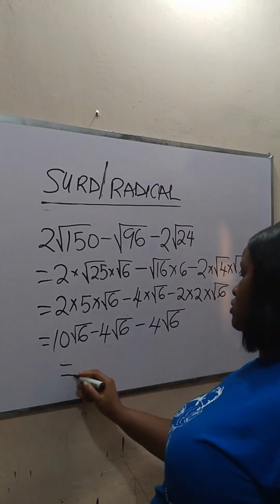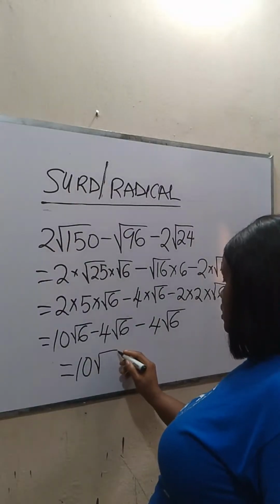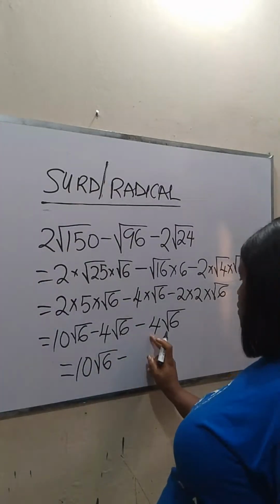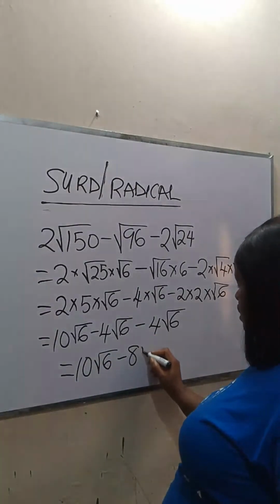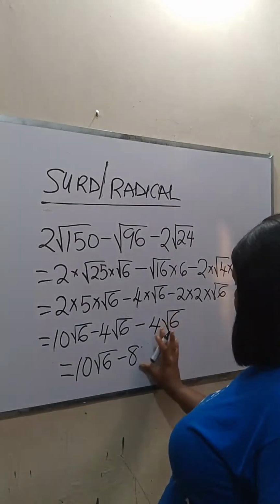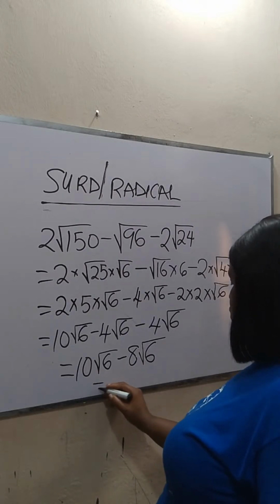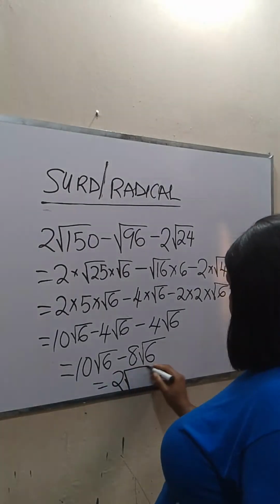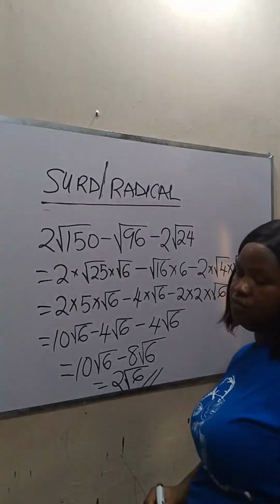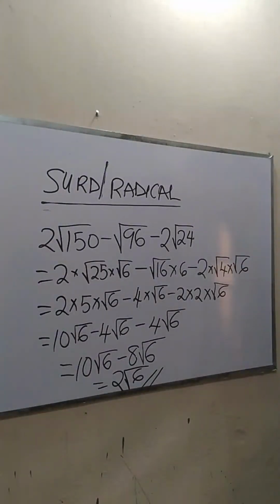And this is equal to 10 root 6 minus 4 plus 4 is 8 root 6. All right, 8 root 6. And this is equal to 2 root 6. And that is how easy it is to solve that. Understand? So is that easy? All right. So it is that easy.